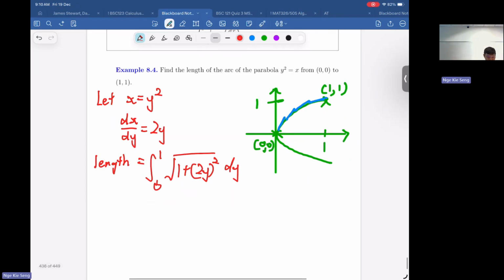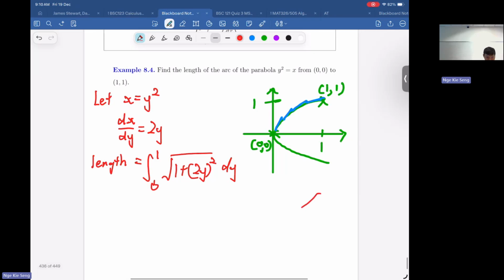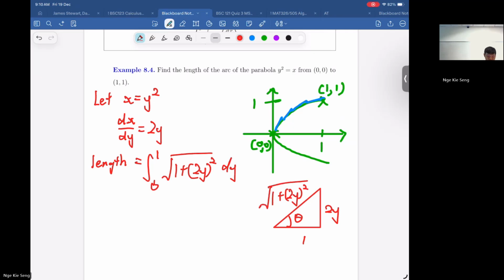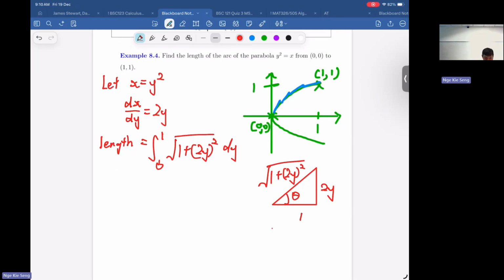Well, this is a sum of 2 squares here, right? Sum of 2 squares. So perhaps we can use our trigonometric integration. The trig substitution we will use here is tangent theta equals 2y.